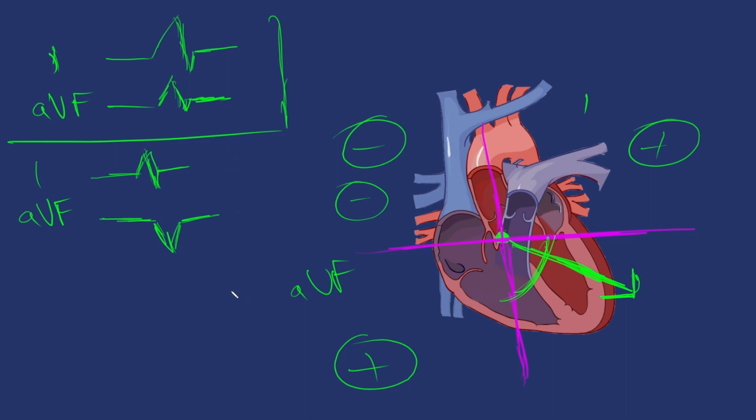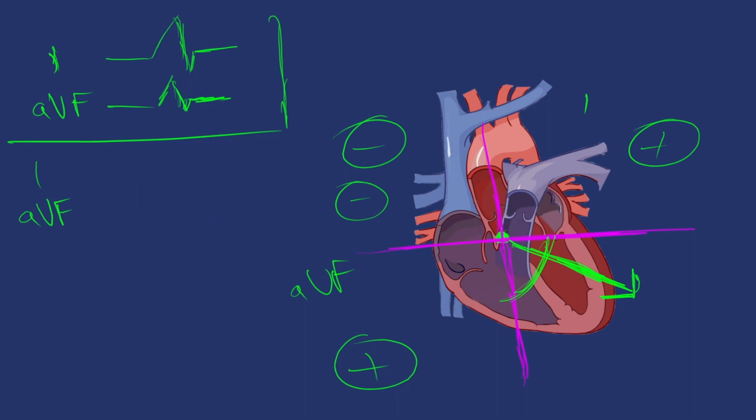So 1 is mostly positive, so we're going somewhere in this direction, right? And then AVF is negative, which means we're going away from the positive, which means we're going up. So we translate that to go this way. If we're going this way, it's shifted to the left. We have left axis deviation. This can happen due to something such as hypertension, again your cardiomyopathy, left-sided congestive heart failure. Same reasons. Generally, it can be a sign of left-sided overload.